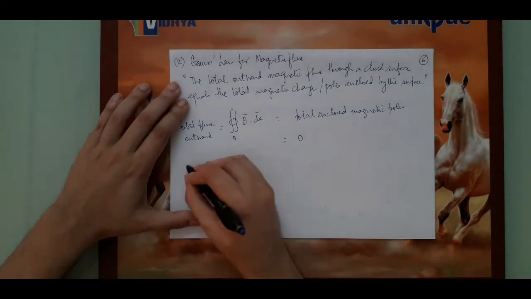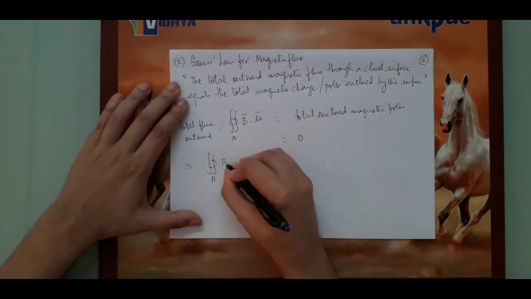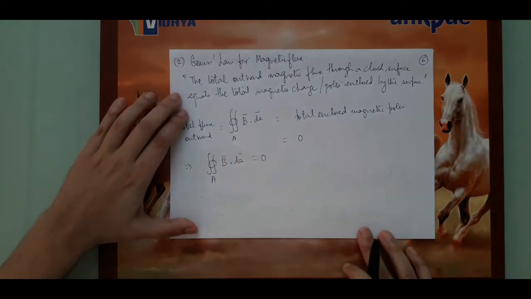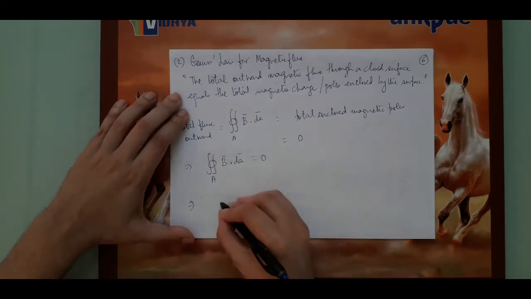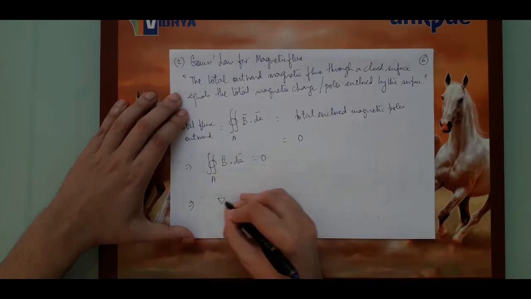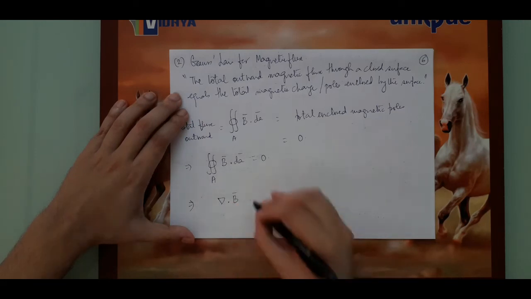So therefore what we see, the area integral of the flux, that is 0. Now if I apply the divergence theorem, I can also say, if I convert this into a triple integral, this will be divergence of the B vector, and that will also be 0.